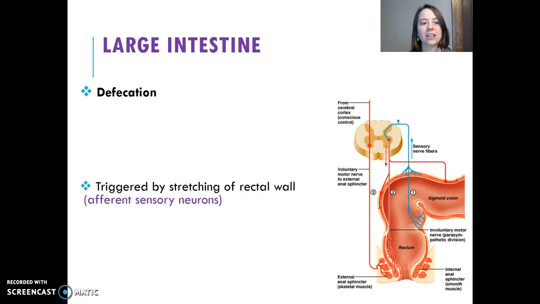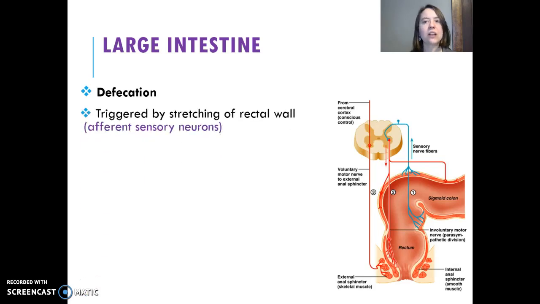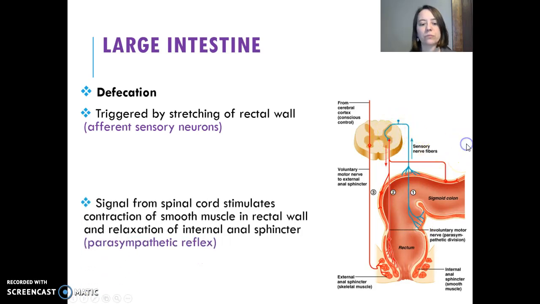So more about defecation. Defecation is triggered by stretching of the rectal wall, which is detected by afferent sensory neurons. If we look at the picture over here, this is the end of the large intestine, and then the rectum here, and these blue lines are afferent sensory neurons. So they are getting sensory information and sending it towards the spinal cord or the brain.